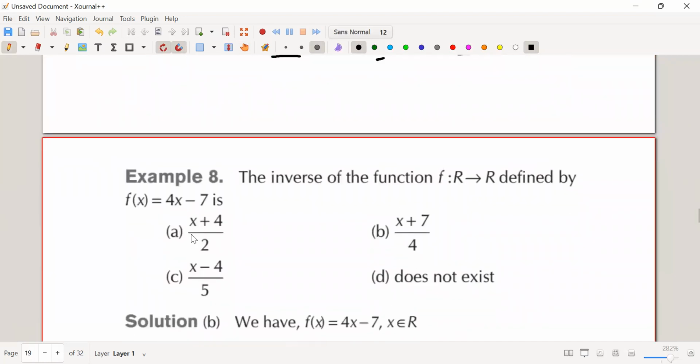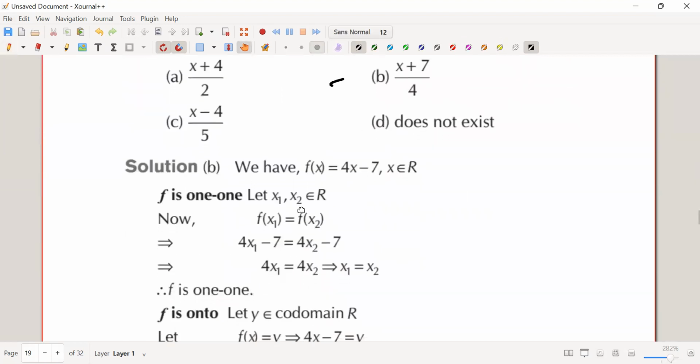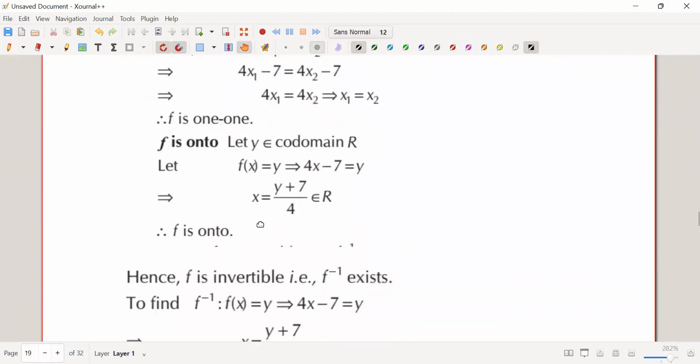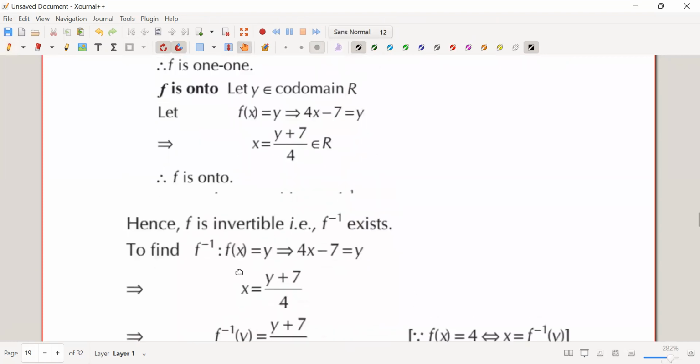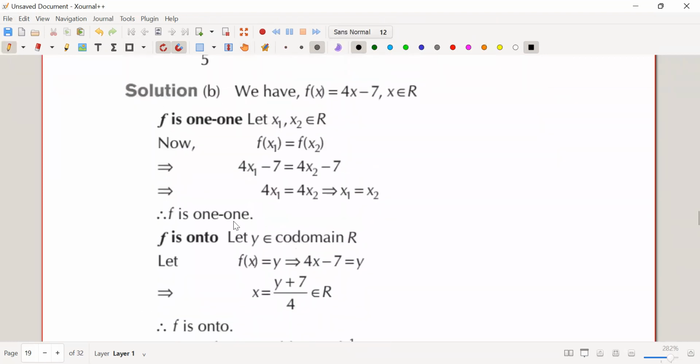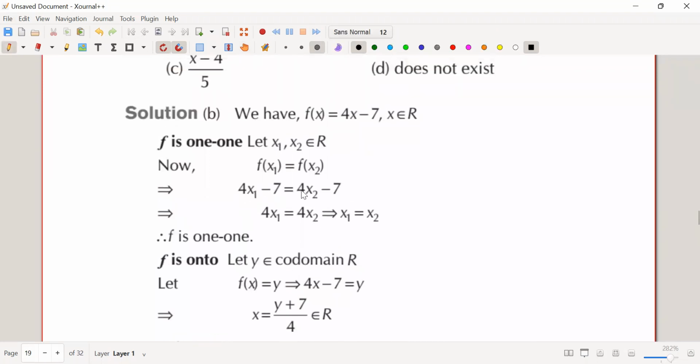The inverse function of f from r to r defined by f of x equal to 4x minus 7 is option B. When we try one by one, we'll be getting the result. சேம் தான்ப்பா, அவங்க x1 x2 லாம் சப்ஸ்டிட்யூட் பண்ணிருக்காங்க, வேற ஒண்ணும் இல்ல.